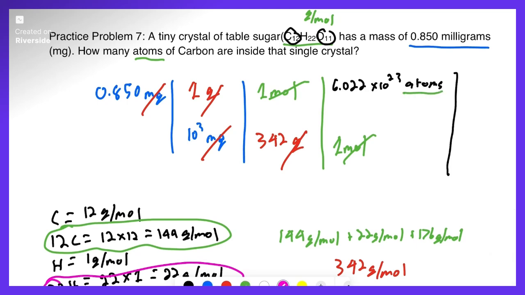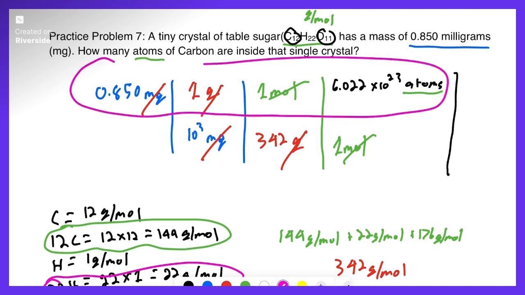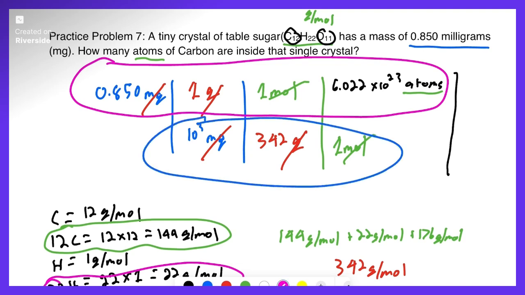So now, all we have to do is multiply and divide. We multiply everything on the top and then multiply everything on the bottom. And then if this is equal to x and this is equal to y, we do x divided by y to get our final answer. So 0.850 times 6.022 times 10 to the 23.